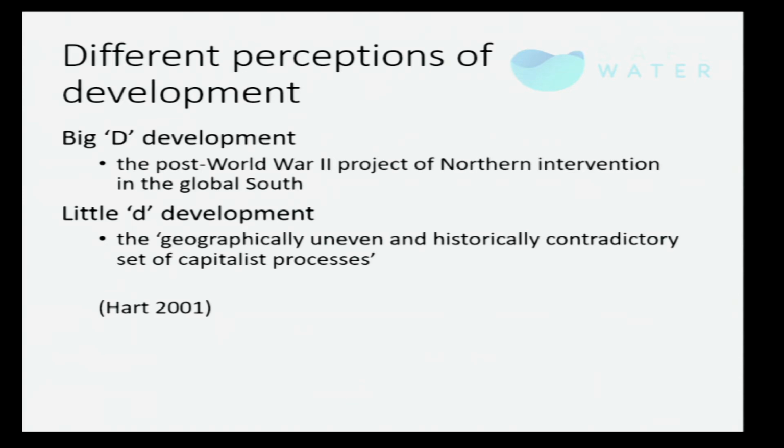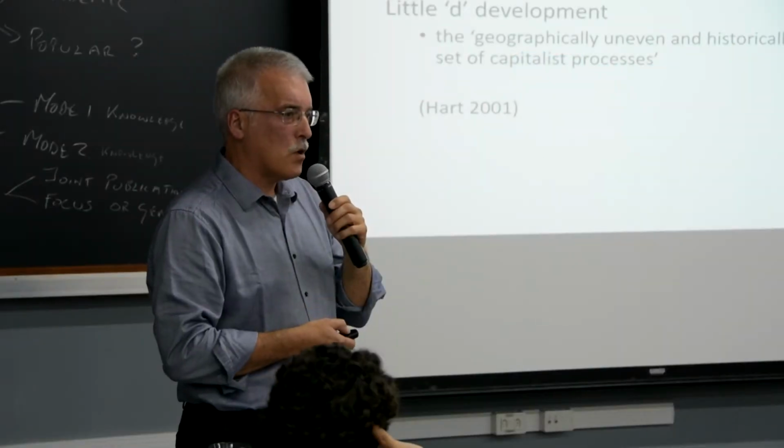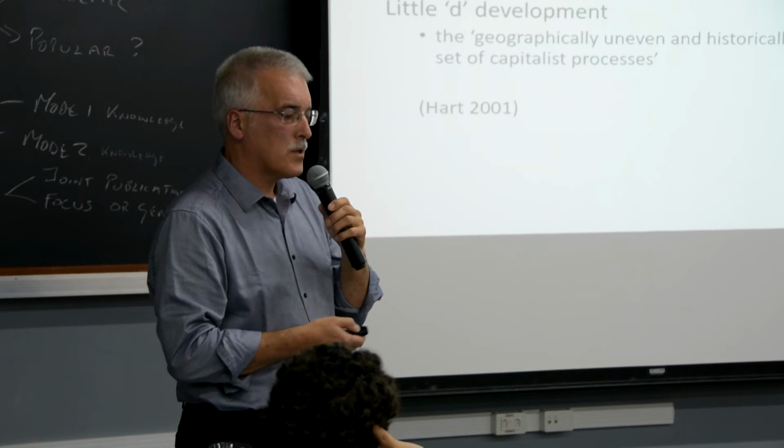The post-war project of northern intervention into the global south, which we mentioned Max Neef yesterday, who was very much critical of that way of looking at things, but also this little d development, which is the set of capitalist processes where companies come into different countries to try and do development as well. So these were criticisms of the assumptions that were implicit in this report.